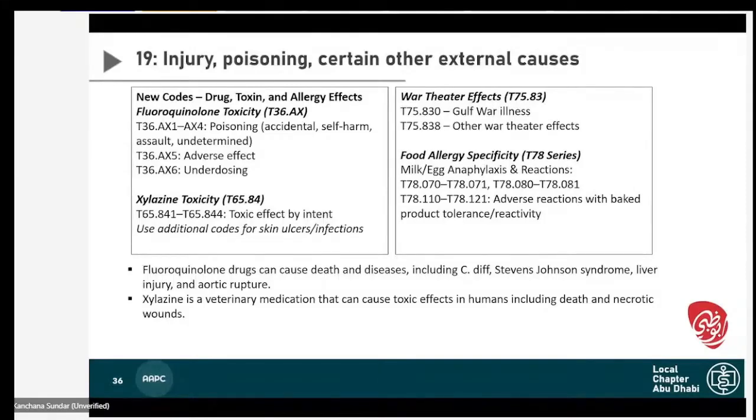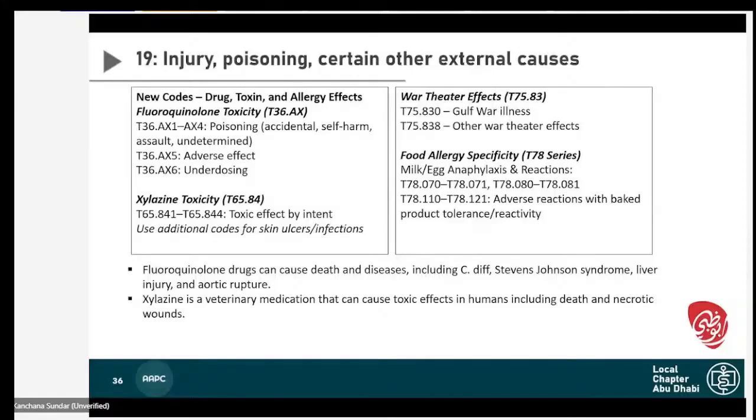And when we see what is fluoroquinolone and xylazine, these two drugs are lethal drugs. The first one, fluoroquinolone, can cause C. difficile and Stevens-Johnson syndrome and liver injuries and aortic ruptures. And xylazine is a veterinary medication which causes toxic effects in humans, even death and necrotic wounds, which is very specifically identified in some research.